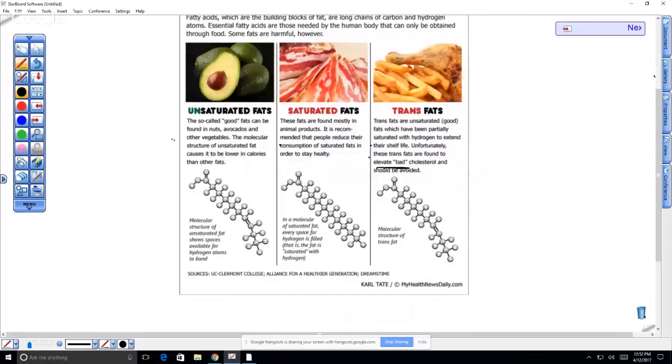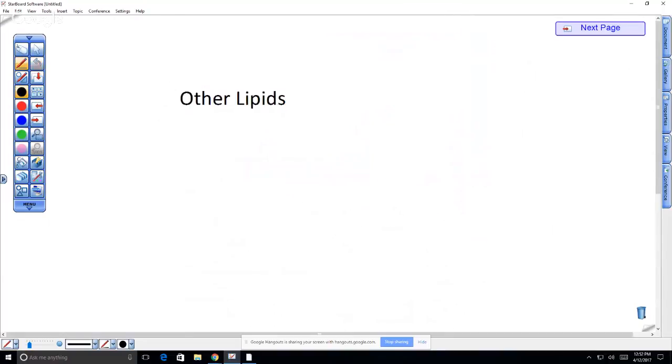Okay, so another group of fats, if we look at other lipids, one of these is called the steroids. So does anybody know what hormones do we have in our body that are considered steroids? Testosterone.